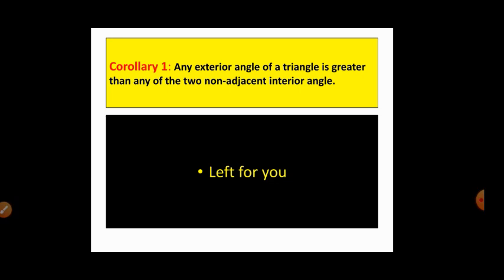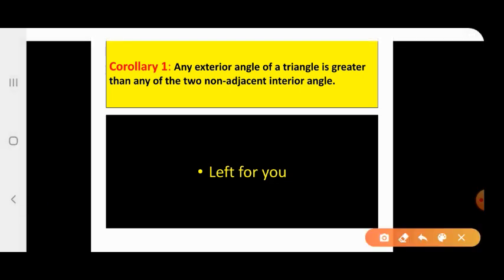Now there are two important consequences of this theorem. First one is corollary 1: any exterior angle of a triangle is greater than any of the two non-adjacent interior angles. Consider this triangle ABC.